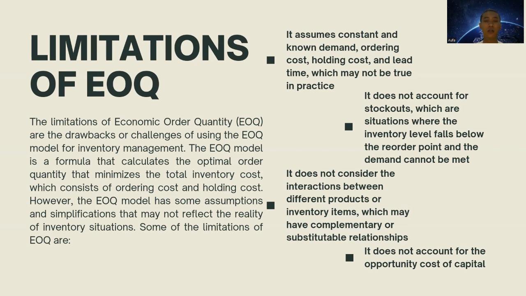If two products are substitutes, such as Coke and Pepsi, then the demand for one product may decrease if the other product is available. The EOQ model does not capture this effect and may lead to suboptimal ordering decisions.